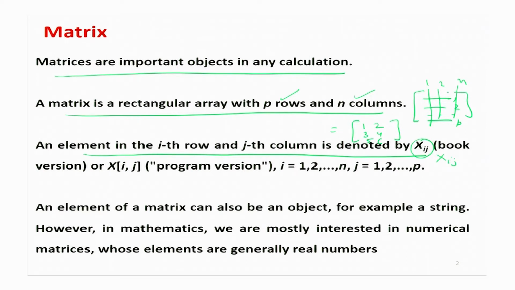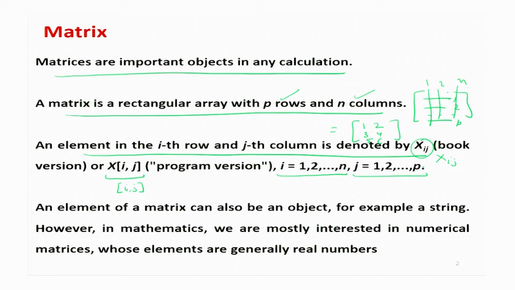That is the notation when we do matrix algebra on the blackboard or in a book. But when we write it in the software, a popular notation is x, and inside the square brackets, you write i, j, which are going to be some values. For example, i can be any value between 1 to n, and j can be any value between 1 to p.